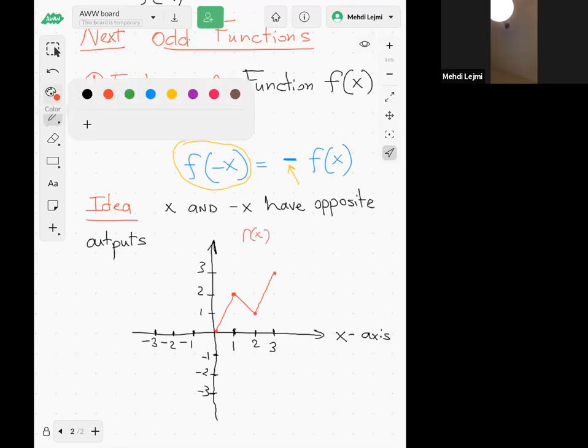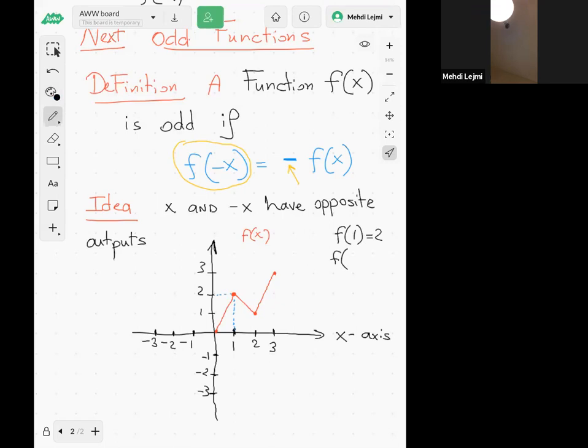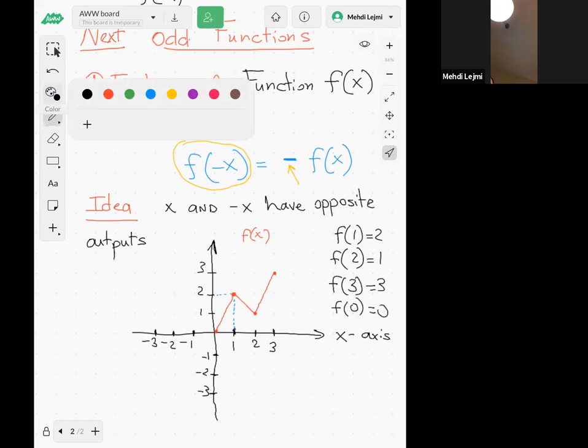So again, what I'm saying here, guys, is that f of 1 would be 2, f of 2 is 1, f of 3 is 3, and of course f of 0 is just 0. Anyway, what we are saying for odd functions is that x and minus x have opposite outputs.